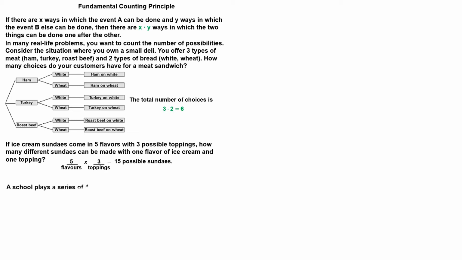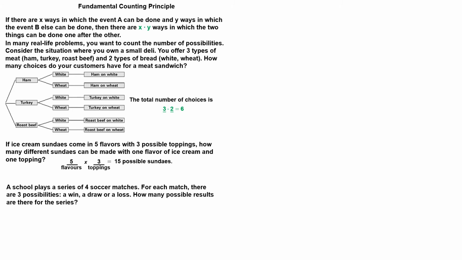A school plays a series of 4 soccer matches. For each match, there are 3 possibilities: a win, a draw, or a loss. How many possible results are there for the series? There are 4 matches, therefore the number of events is 4.